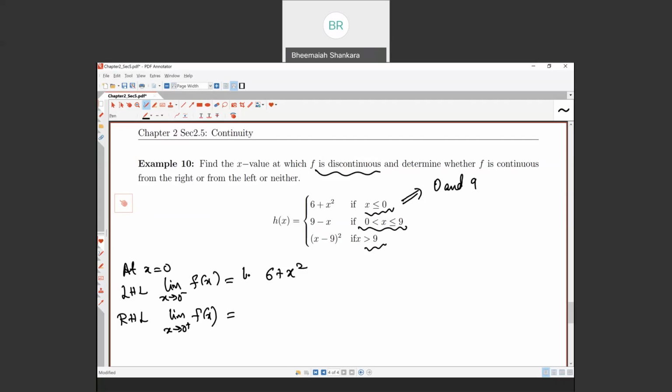So evaluate this function at x equal to 0. This is 6 plus 0 squared, which will give you 6. Similarly, when x is approaching 0 from the right, so it's x greater than 0, the function is 9 minus x. Plug in, you have 9 minus 0, so it's 9. You see these values are not the same, so you say that the function is discontinuous.